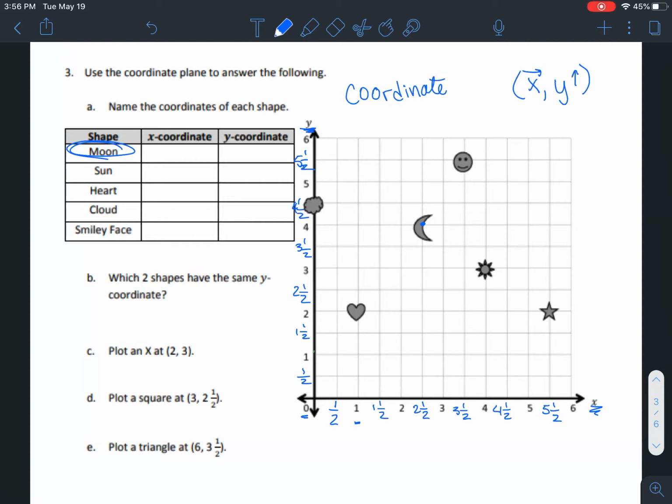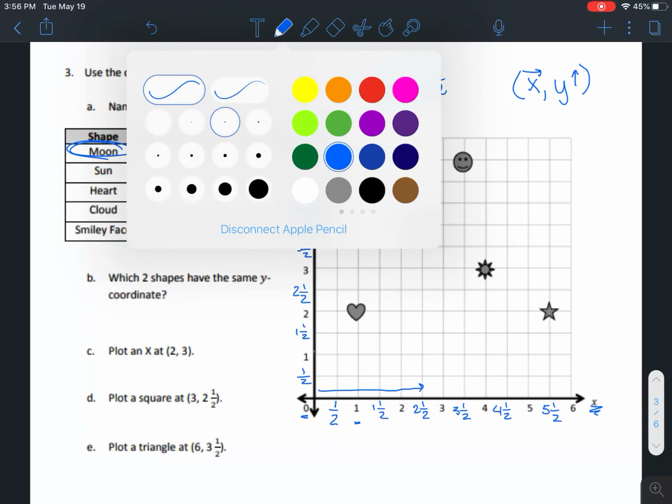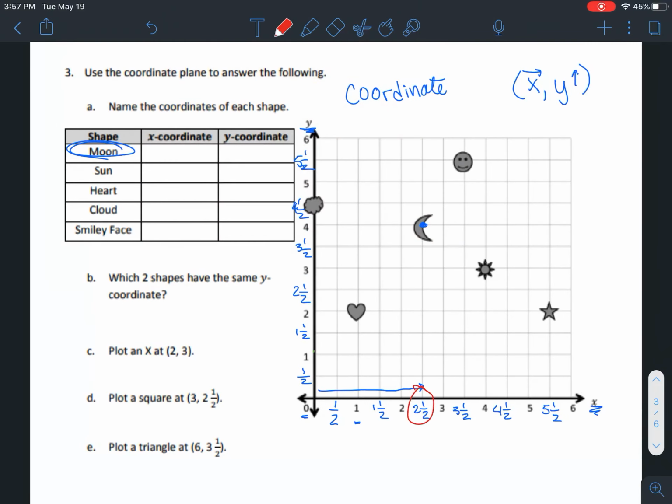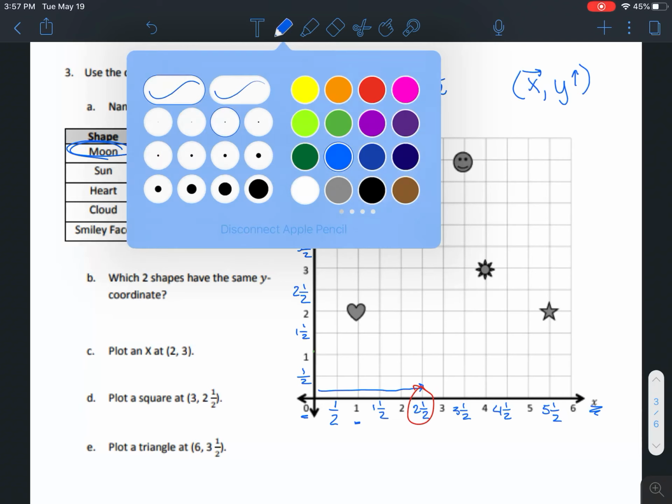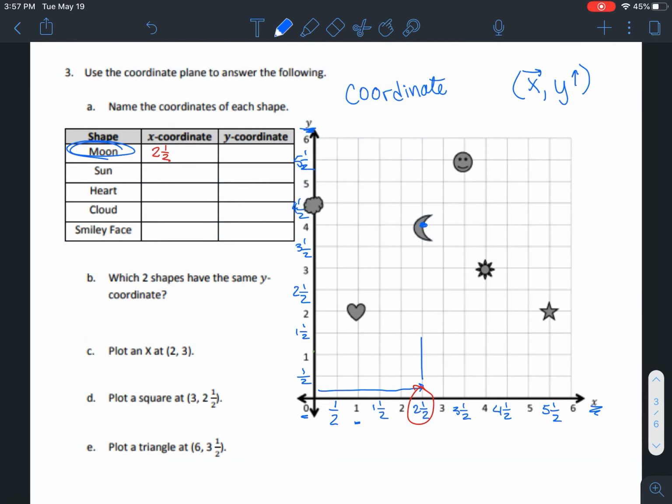To get to the moon, we needed to go right to 2.5. So I know the x coordinate for the moon is 2.5. We then needed to go up and stop right at 4.